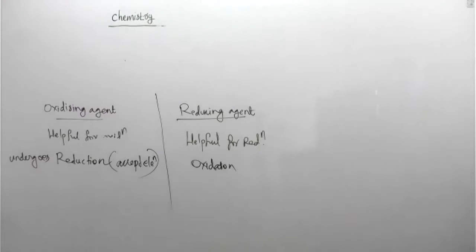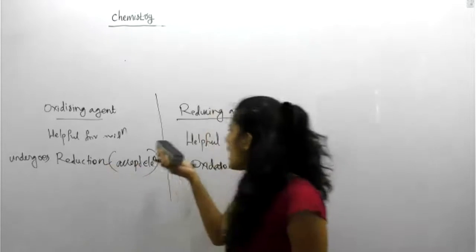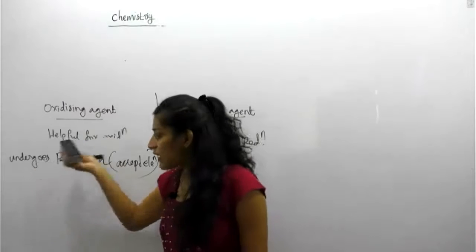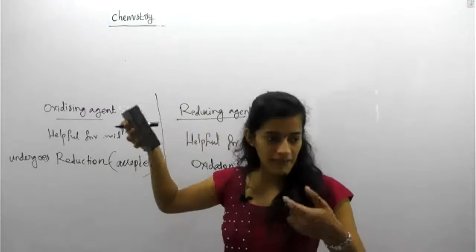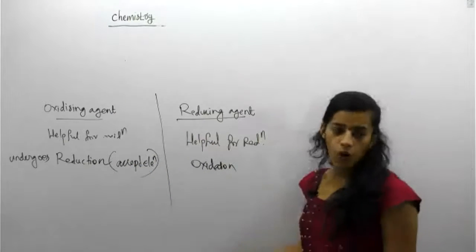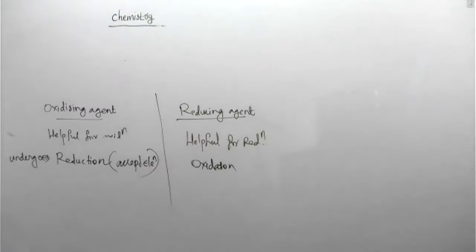You can easily judge: the oxidizing agent is helpful for oxidation, the reducing agent is helpful for reduction, and the oxidizing agent, being helpful for oxidation, undergoes reduction, just the opposite. Here the reducing agent undergoes oxidation, then only it becomes matching. Clear? Understood?